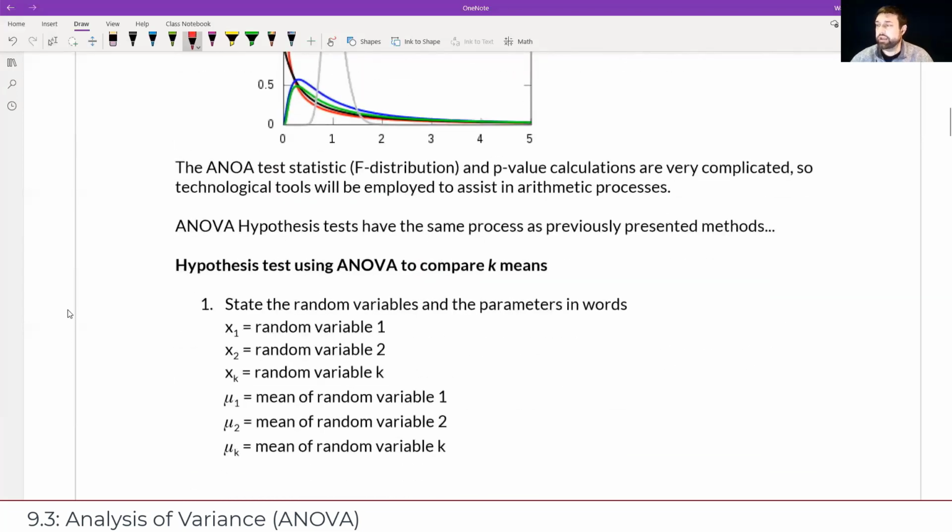So when you have an ANOVA test, somebody forgot to put the letter V in there. When you have an ANOVA test, you're going to take your data, plug it into a spreadsheet or a website, and it's going to use an F distribution and calculate a p-value, an area under the curve.